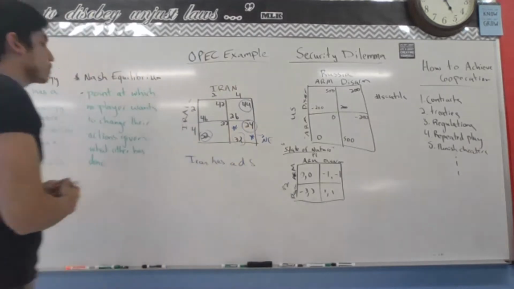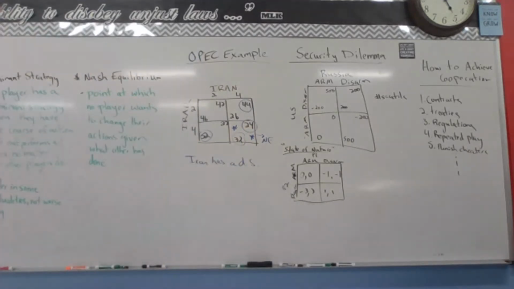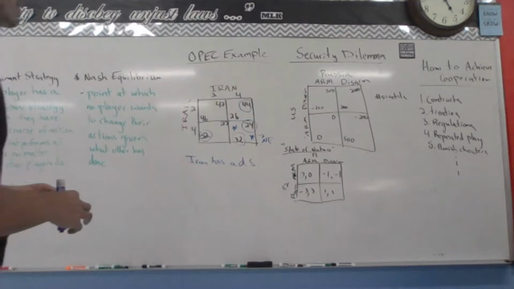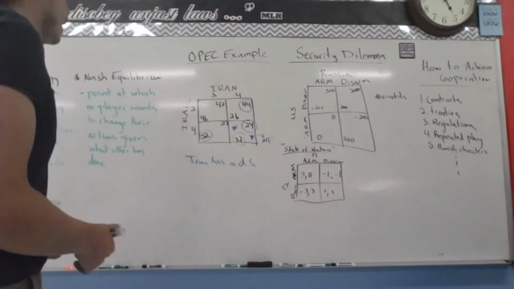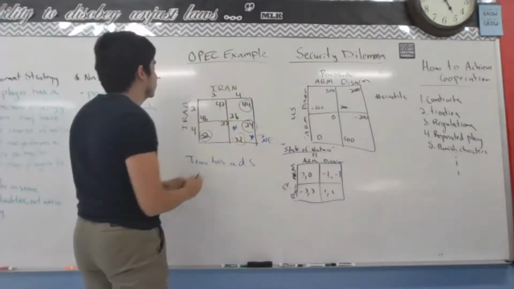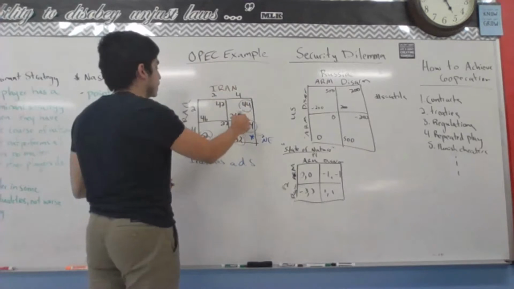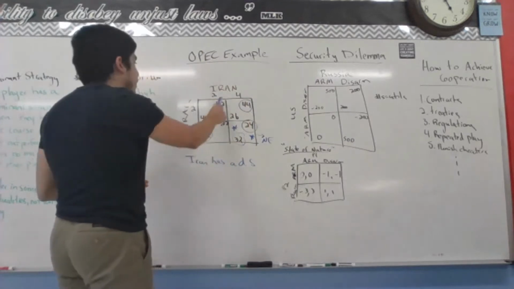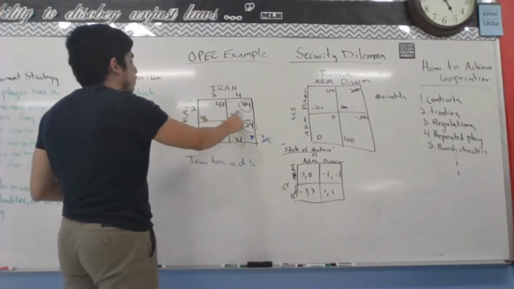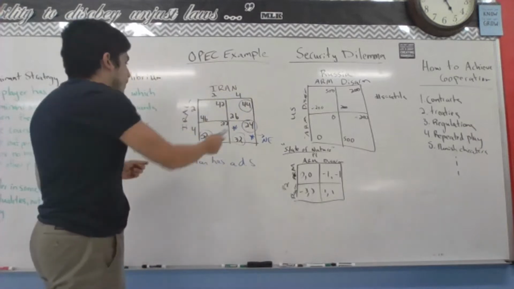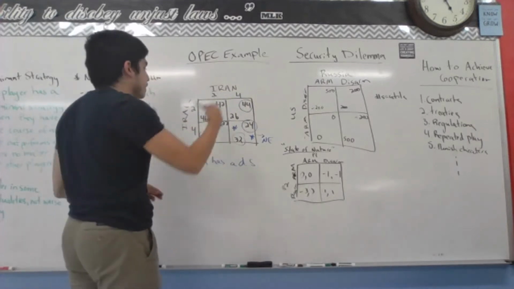This Nash equilibrium is a situation in which each player is playing the best response to the other player's strategy. It's also a situation in which there are no regrets. There's no incentive to defect. There would have been regrets in other situations, as we can see, right? If we arrived at this situation where Iran is producing 4 million barrels and Iraq is producing 2 million barrels, Iraq would obviously get upset, and there's an incentive to defect.